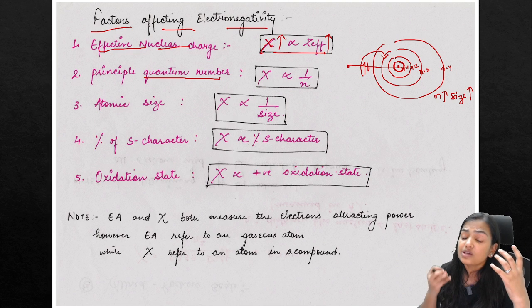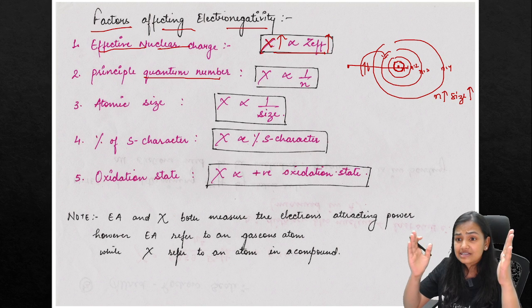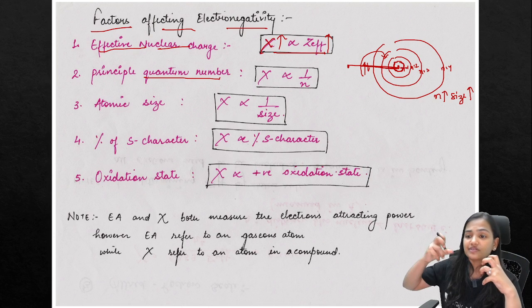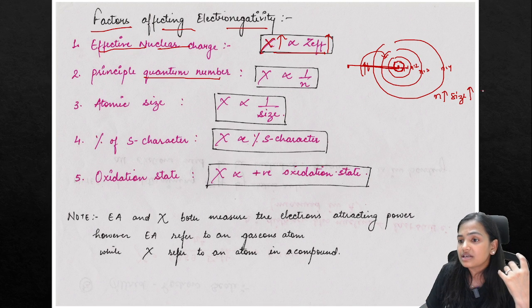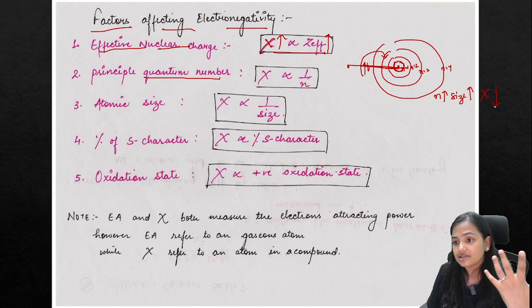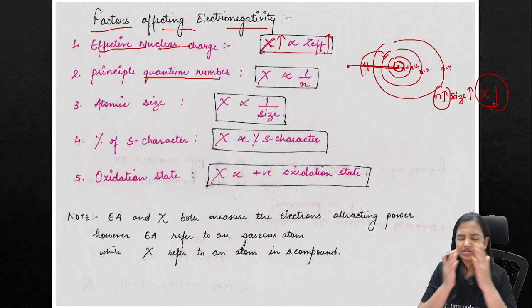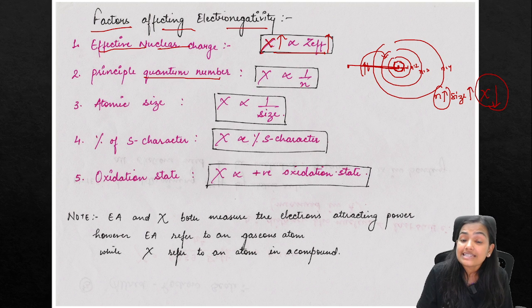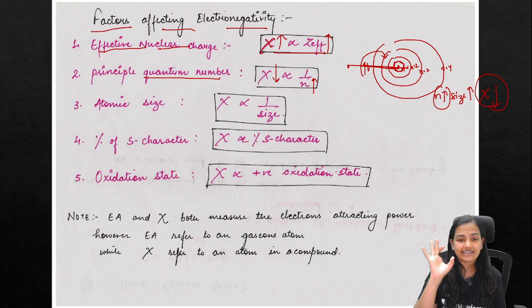No, because the nuclear attraction decreases, there is an increase in distance. So it will not be able to pull the shared pair of electrons very easily. So the electronegativity decreases. So n and electronegativity are inversely proportional to each other. If n increases, the electronegativity decreases.